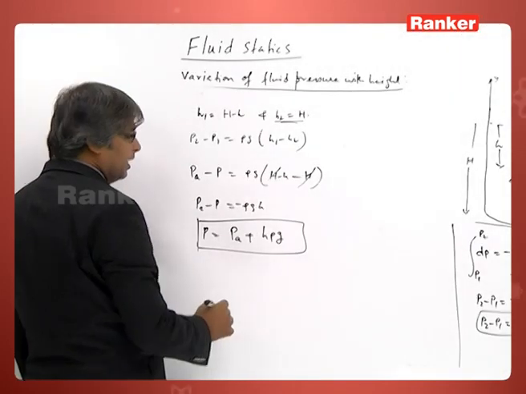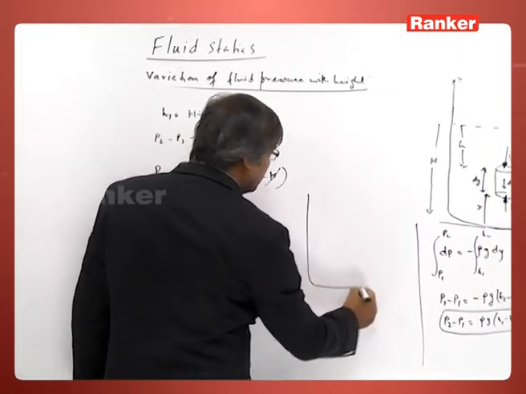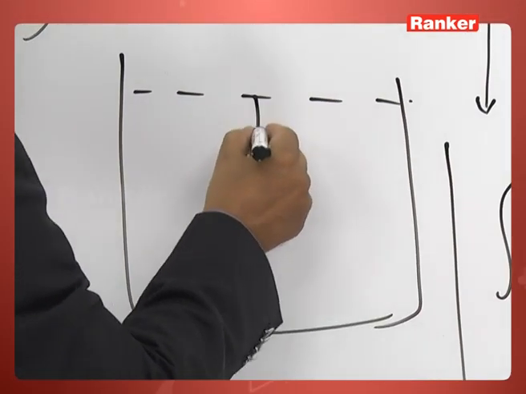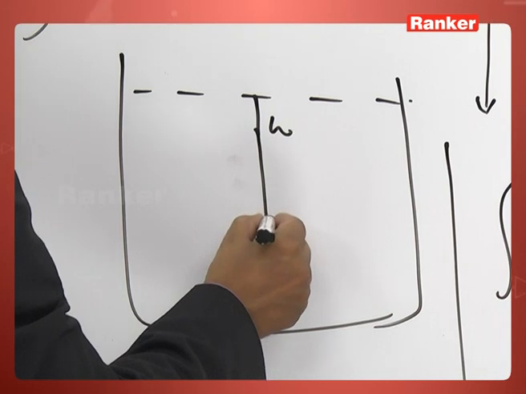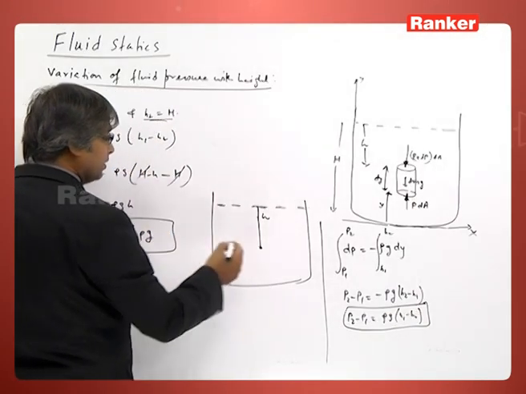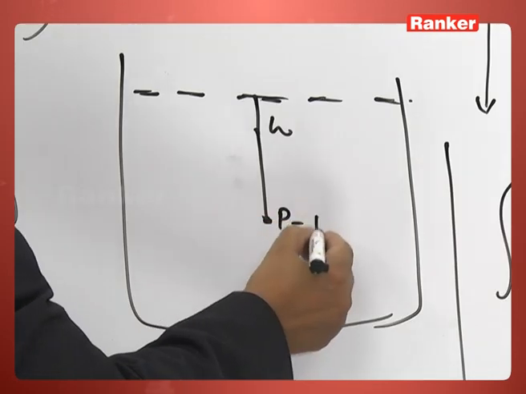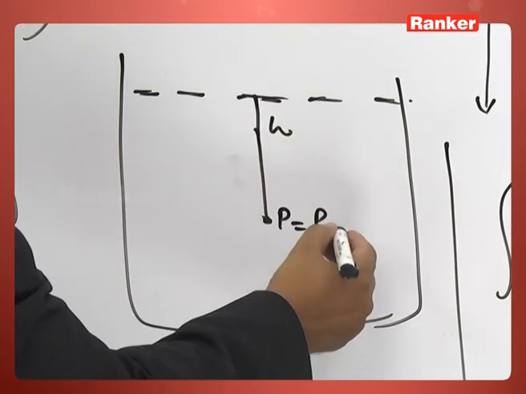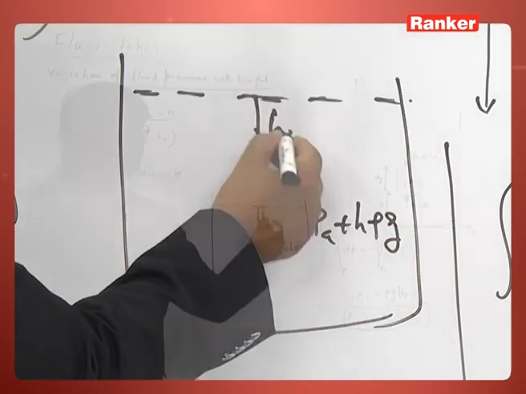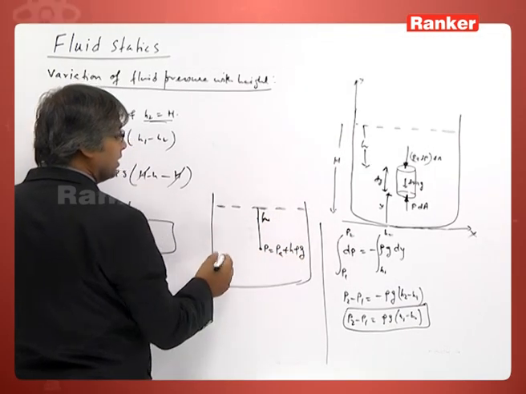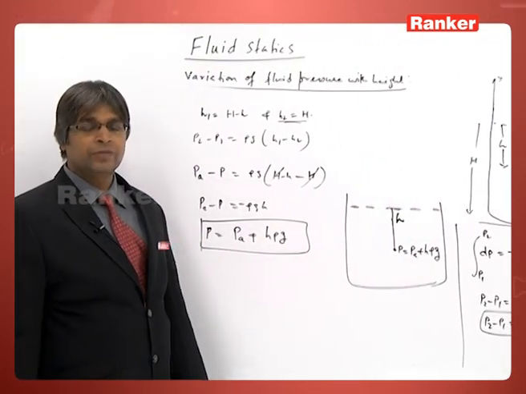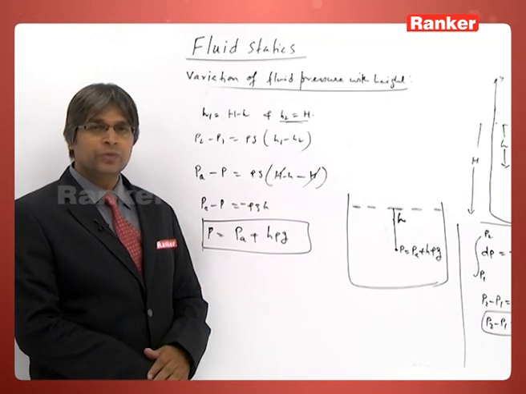Thus, if we have a liquid and we are at a distance h from the free surface of the liquid, then the pressure here is atmospheric pressure plus h rho g, where h is the depth, rho is the density of the liquid and g is the acceleration due to gravity.